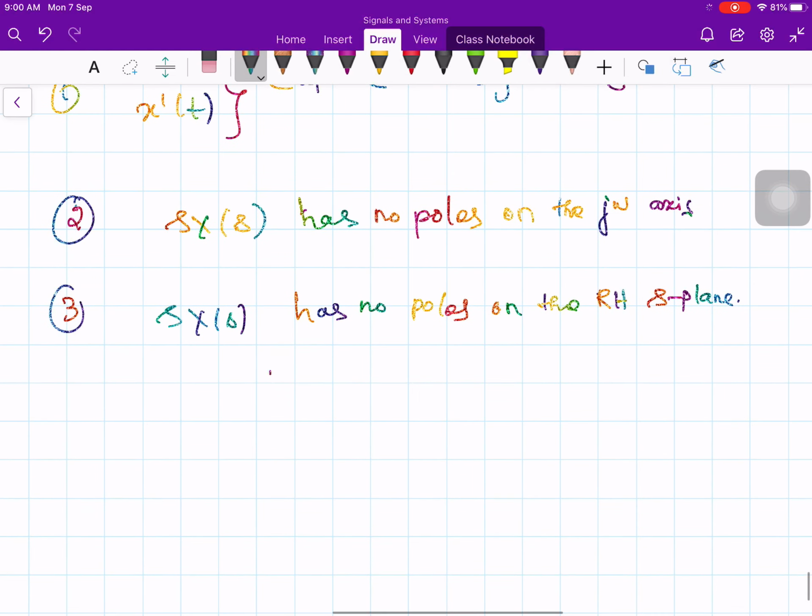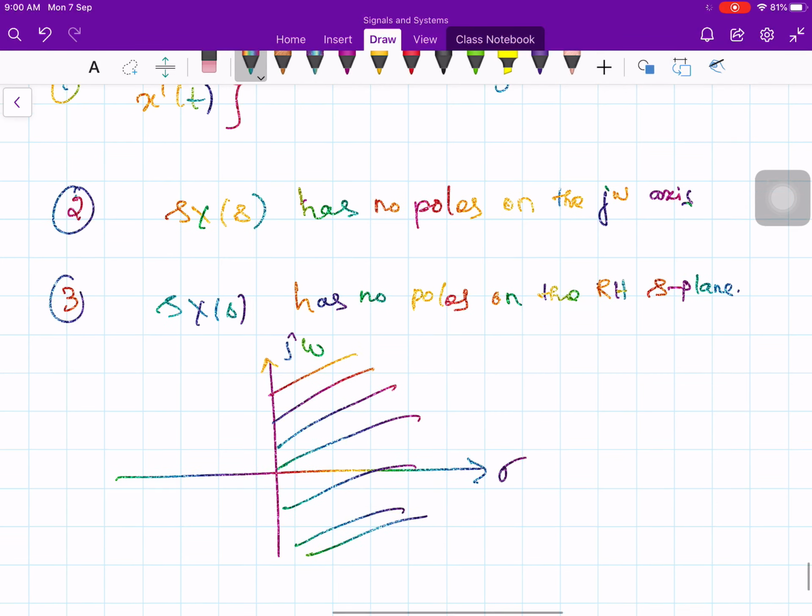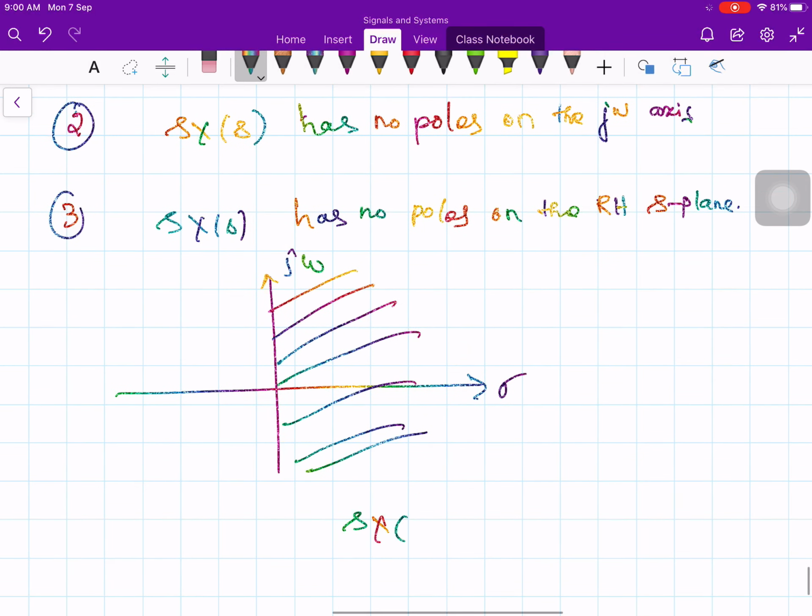Sigma, j omega. So this is my ROC, like this at least. So s times x of s has no poles in the shaded or hatched area.